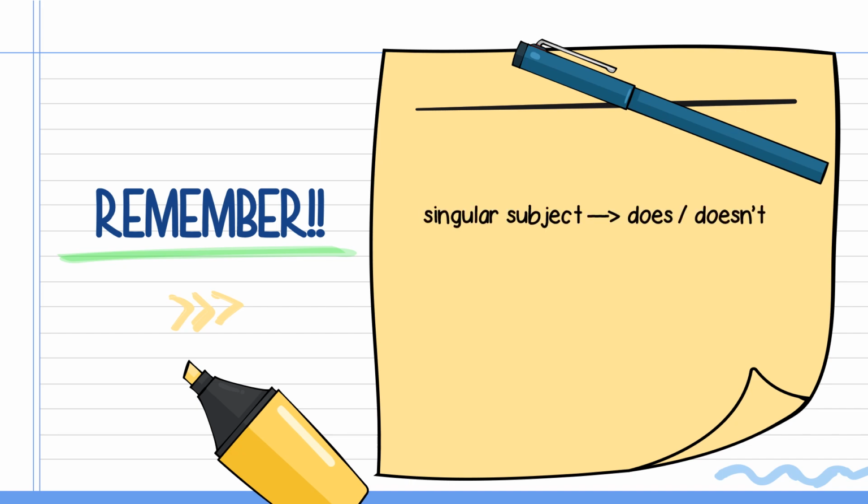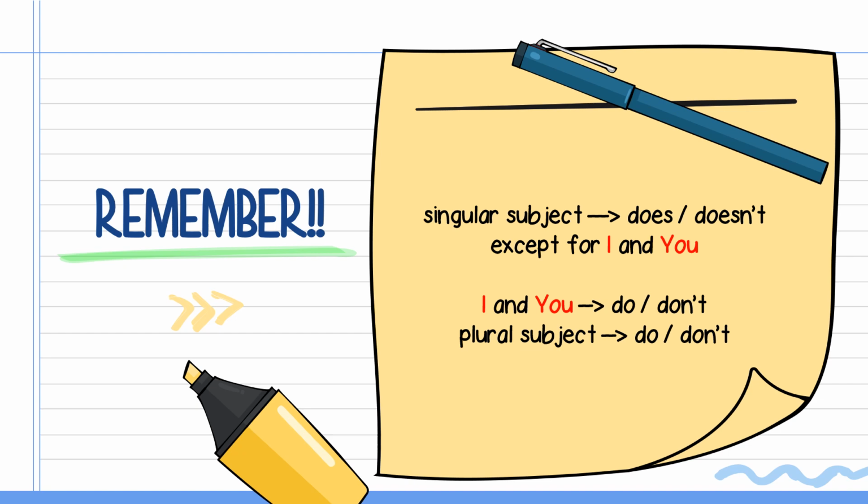Remember, singular subject use does or doesn't, except for I and you. I and you use do or don't. Plural subject also use do and don't.